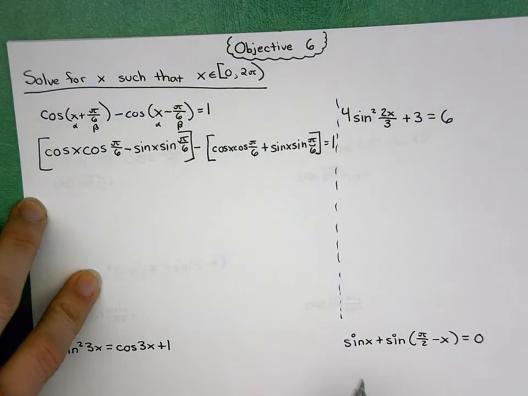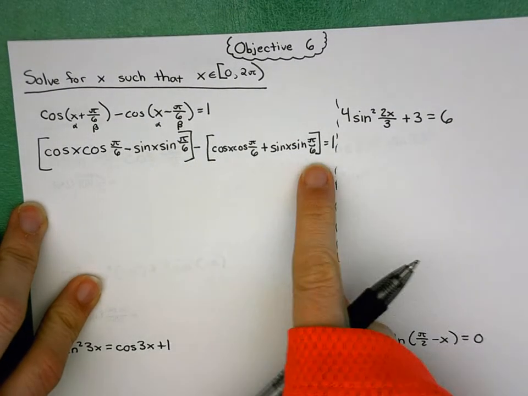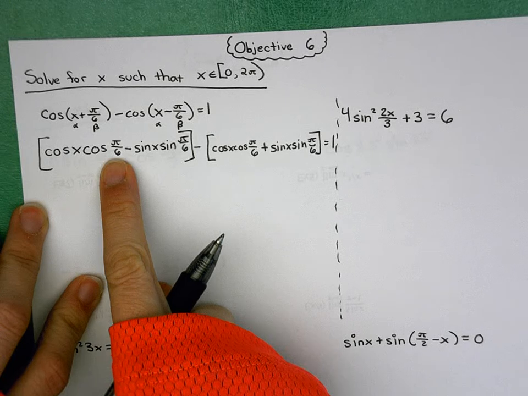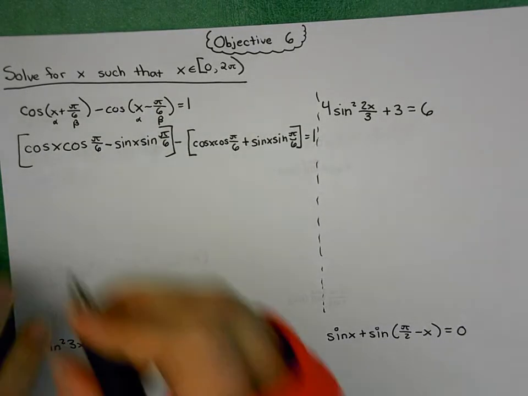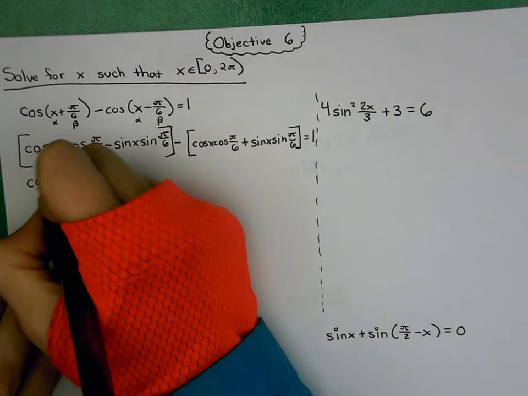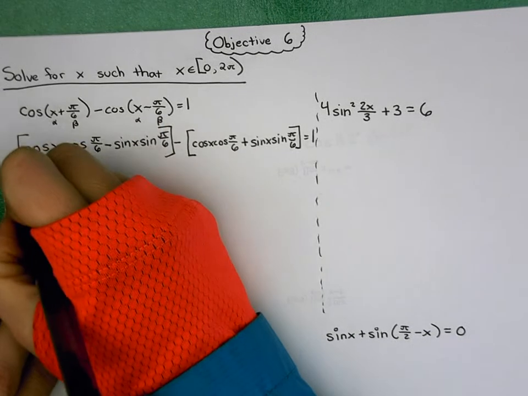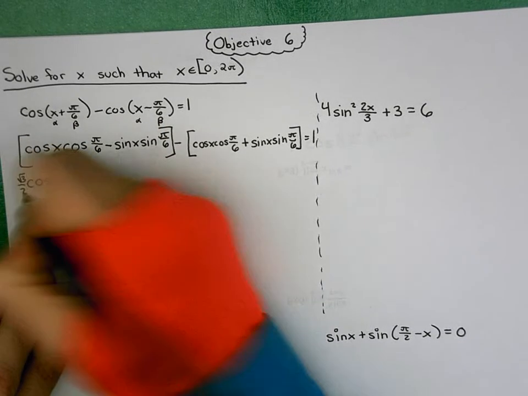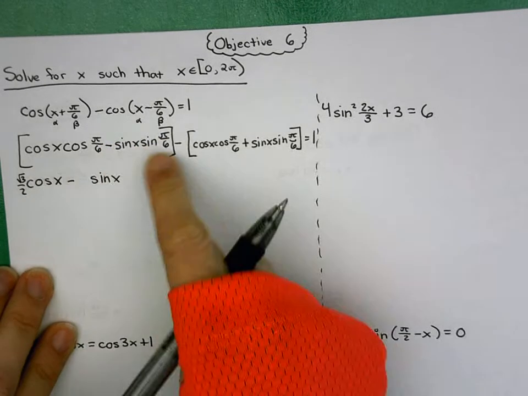And then I'm going to go ahead and distribute the negative, and while I do that, I am going to go ahead and evaluate. I do know what cosine of pi over 6 and sine of pi over 6 are. Okay, so we have cosine x times the cosine of pi over 6, which is root 3 over 2, minus sine x, the sine of pi over 6, which is 1/2.